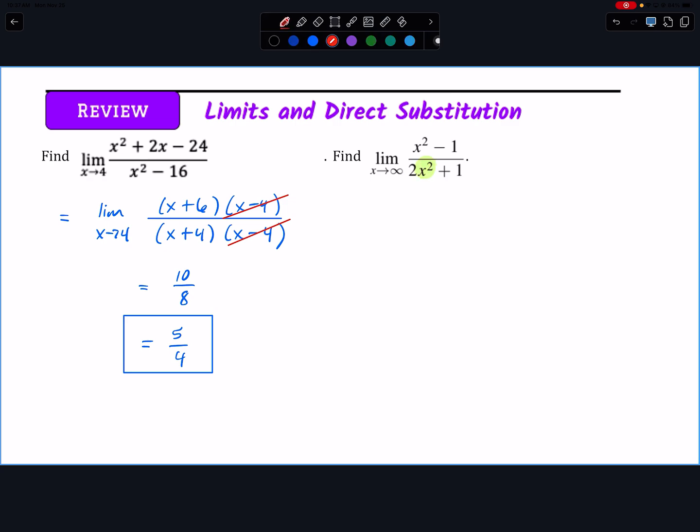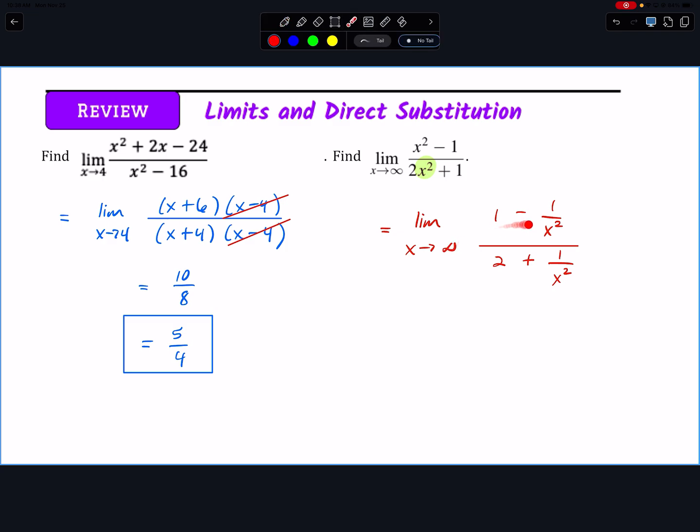So this equals the limit as x approaches infinity. If I divide this by x squared divided by x squared, you guys agree is just 1, minus 1 over x squared, divided by 2 plus 1 over x squared. Did I mess up? I'm good? Okay.